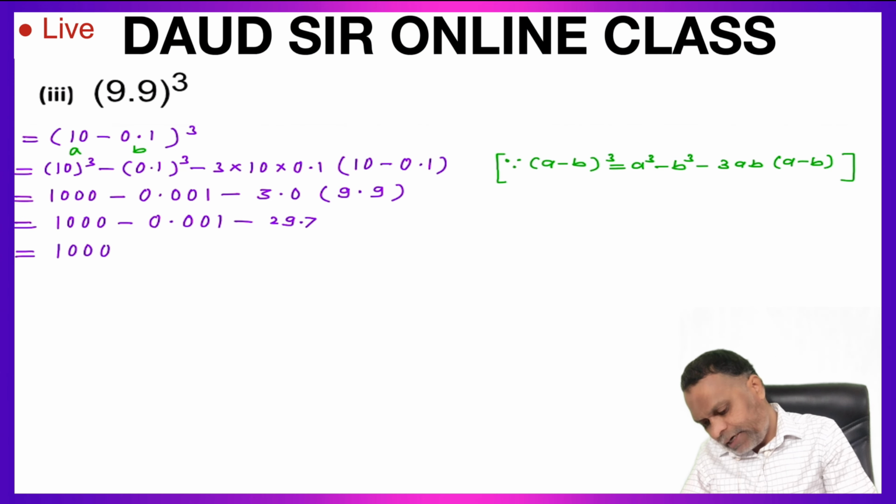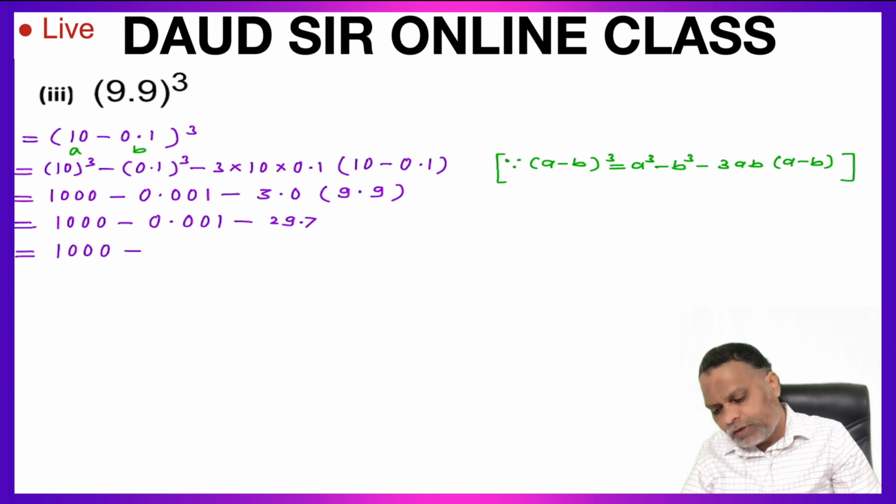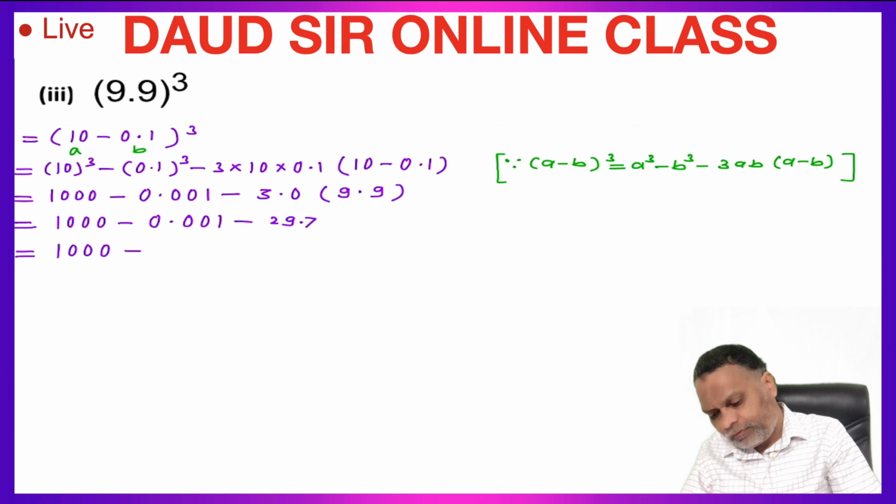equal to 1000. Add this to negative, so this is we can add like this, 0.001. In adding, this is 29.71.